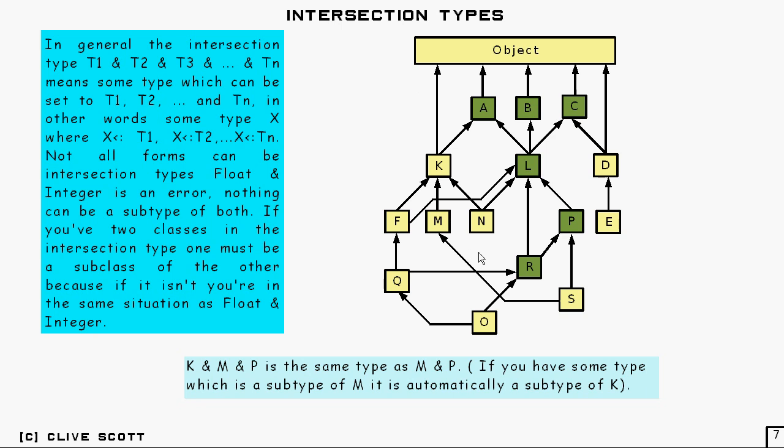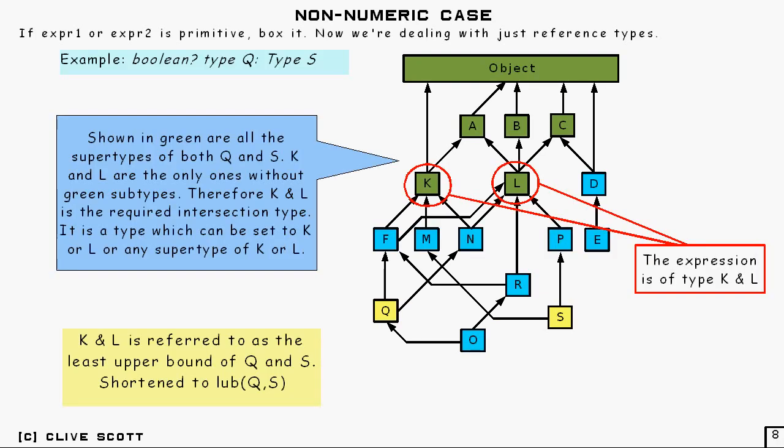And I think I'll give you an example of it actually being used with the ternary operator. This is the non-numeric case, and first thing to note is that for expression 1 or expression 2, obviously they can't both be primitive, or we'd be dealing with a numeric case. So if just one of them is primitive, the first thing you do is box it, and now we're dealing with just reference types, so you haven't got any worry about primitives.